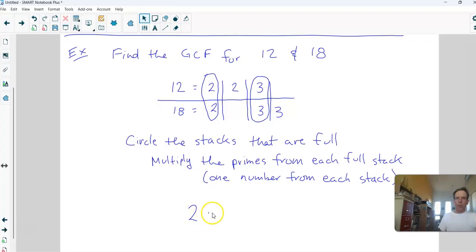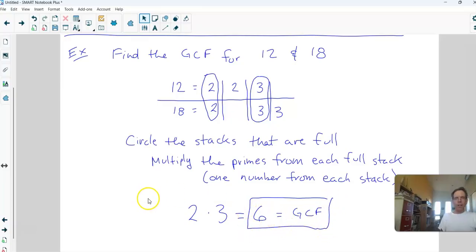So we have a stack of 2s and a stack of 3s. We put down one number from each stack, and you multiply those together and you get 6. That's how you can get the GCF in a nice, systematic process. Easy, right? So you use the same table as the LCM.